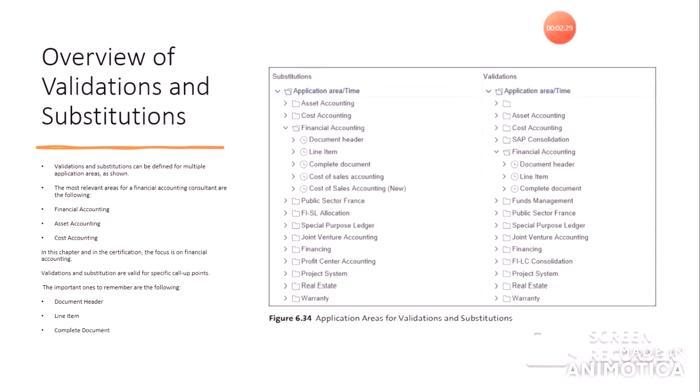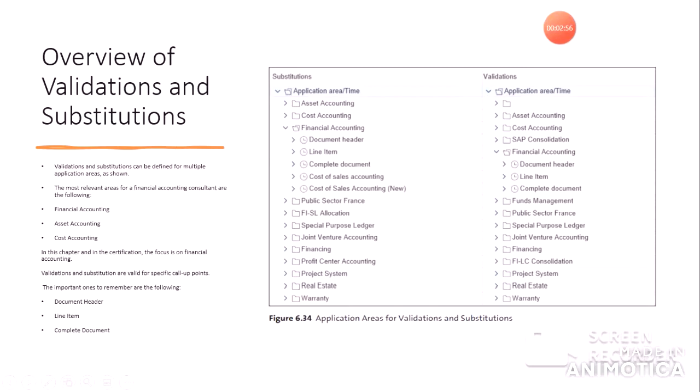And in finance, these are the application areas, and there are a few call-up points for which we configure the validations and substitutions. That is for document header, line item and complete document.